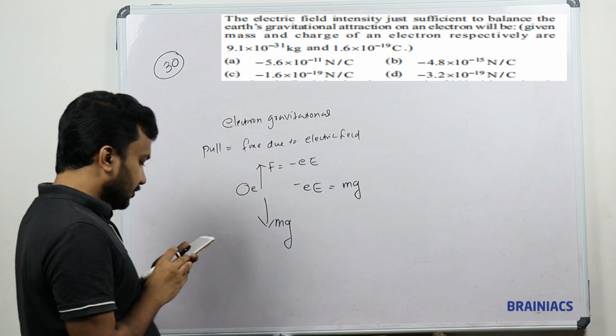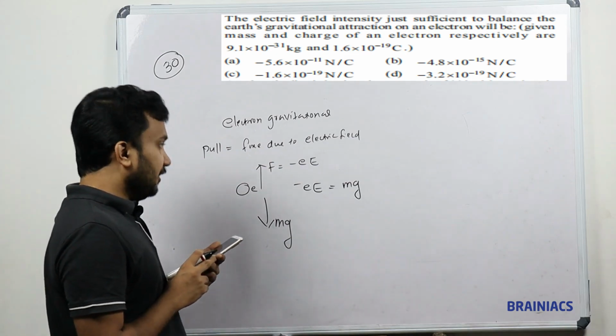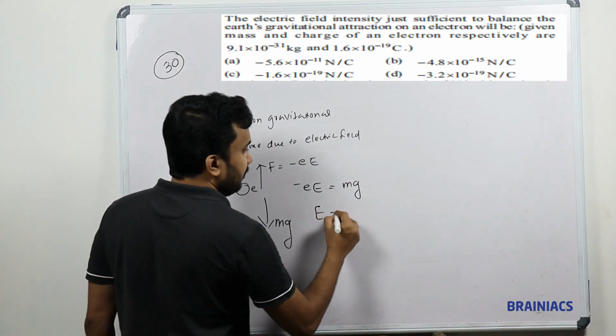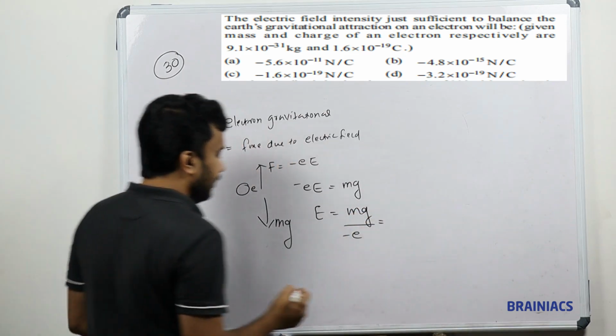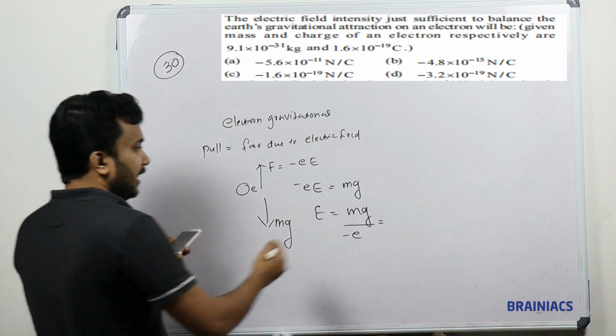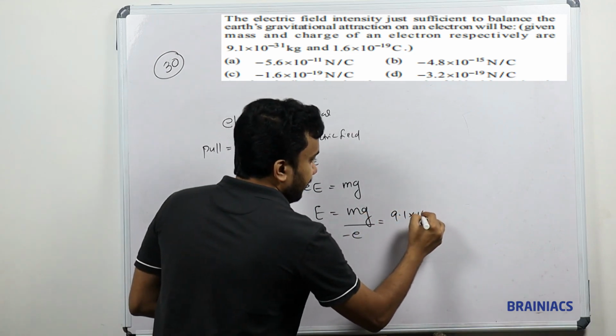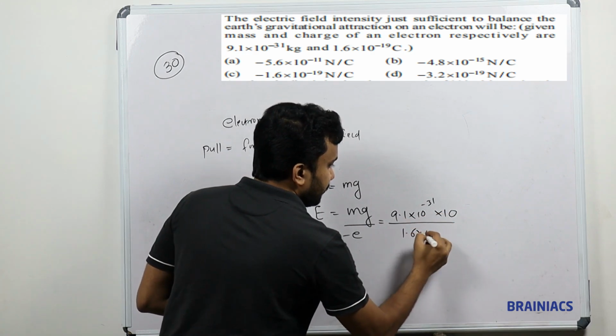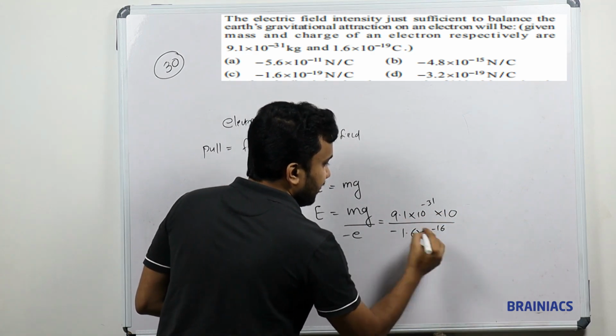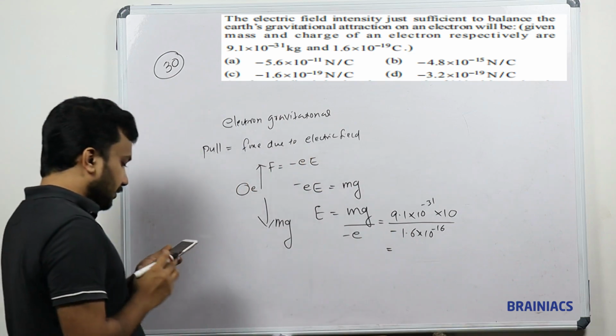What are they asking in the question? Electric field E has to be found. So E will be equal to mg divided by minus e. M will be equal to the mass of the electron, 9.1 into 10 power minus 31, which is given. The electronic charge is 1.6 into 10 power minus 19 coulomb, and this is a negative charge.